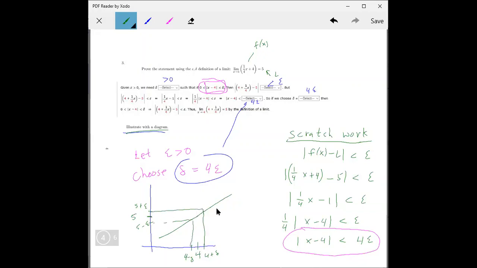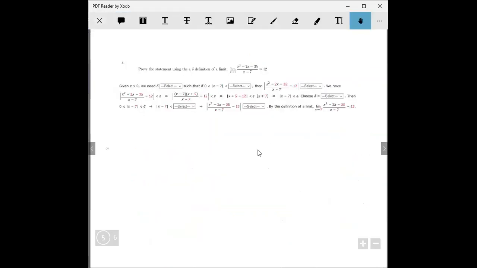So something like that. So it's just the first answer. The idea is that you want the deltas down here and the epsilons up here. Okay. So let's look at the number 4, the last one.